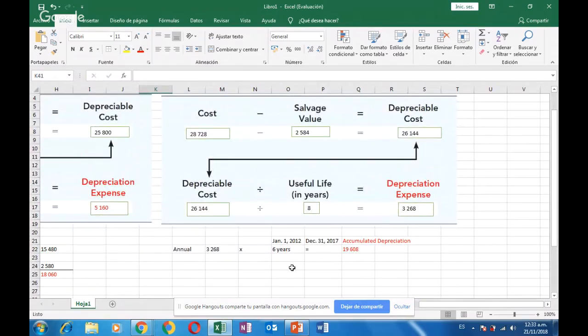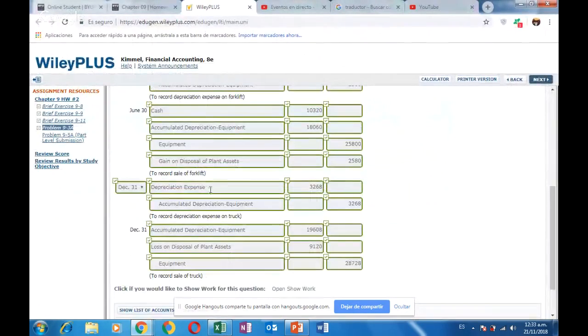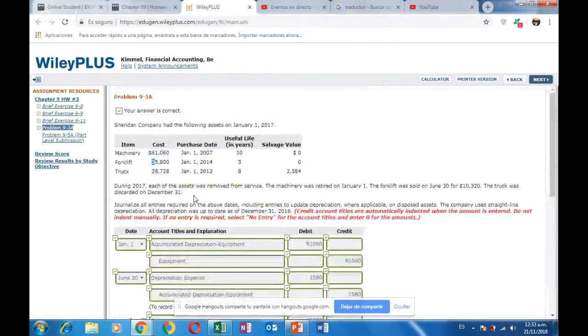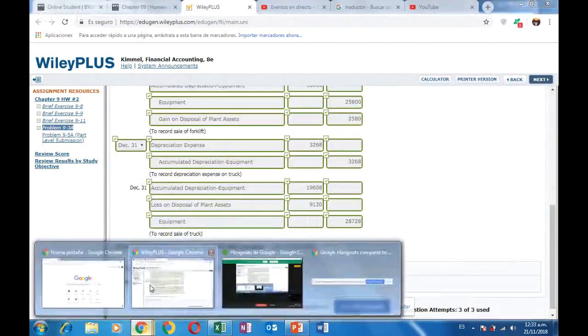Okay, in this case we have the depreciation expense for all this year, from January to December, which is this amount.